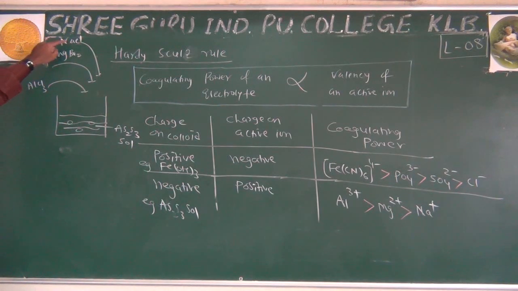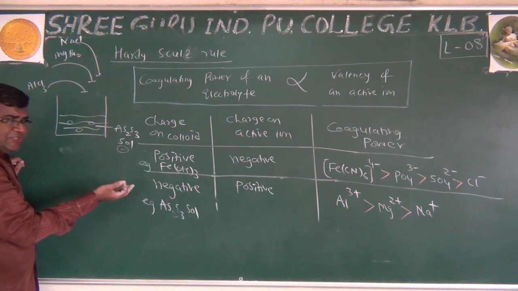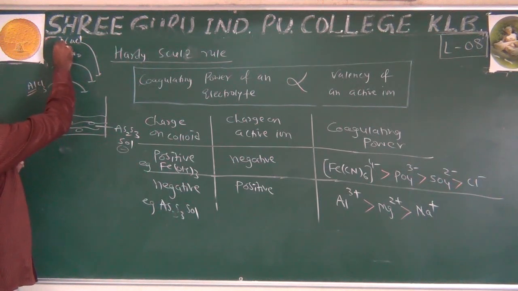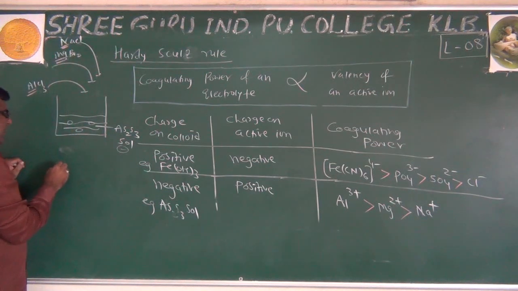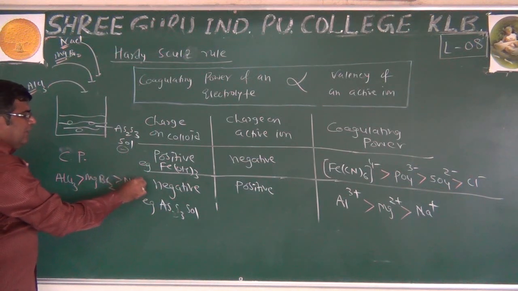Out of these 3 electrolytes, which has greater coagulating power? As this is a negatively charged sol, they will mention the charge in the question, or we have to see the example and then decide the charge. The positive part is plus 3, plus 2, plus 1. And we can say that coagulating power is greater for AlCl3 than magnesium bromide, than NaCl.